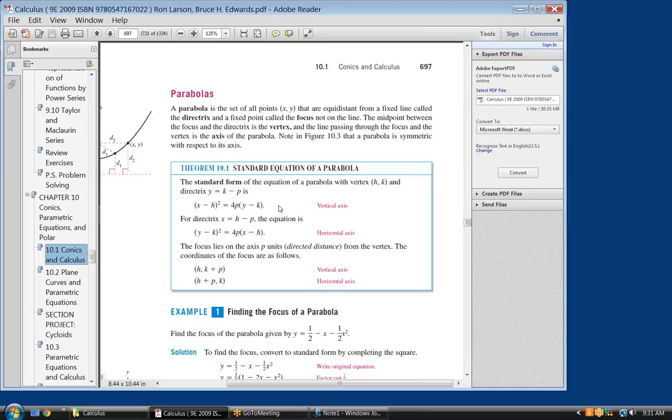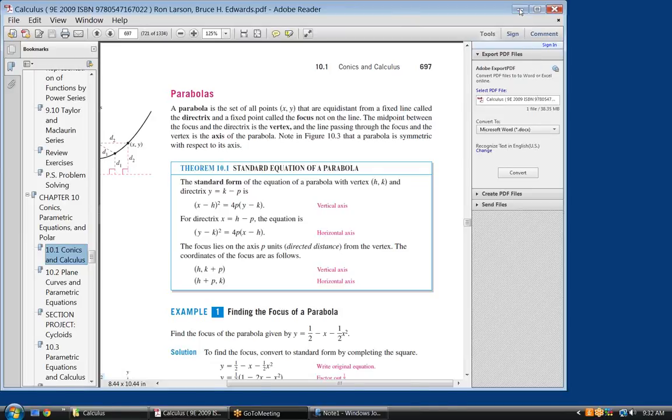In other words, the x is squared, the y is not. Horizontal is the reverse. The x is not squared, the y is. So a simple equation for a horizontal parabola would be x equal y squared instead of y equal x squared.